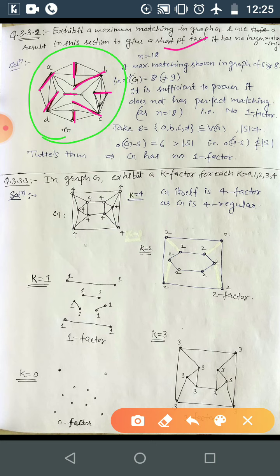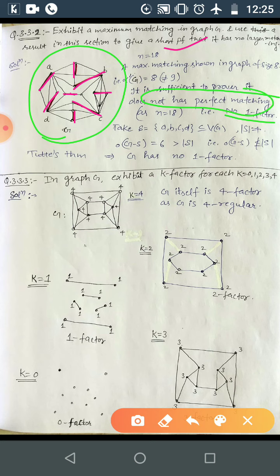So it is sufficient to prove that there does not exist any one-factor, meaning there does not exist any perfect matching. Tutte's condition will be enough.